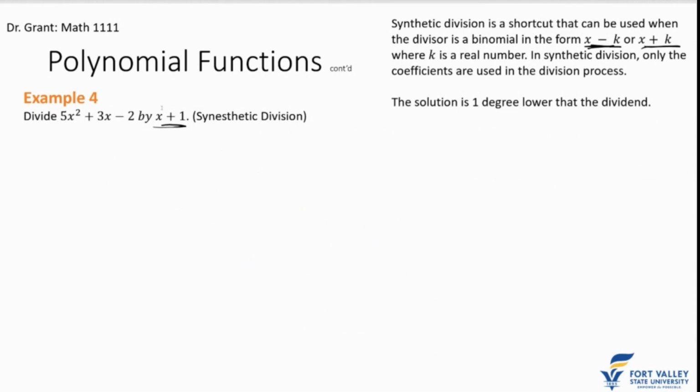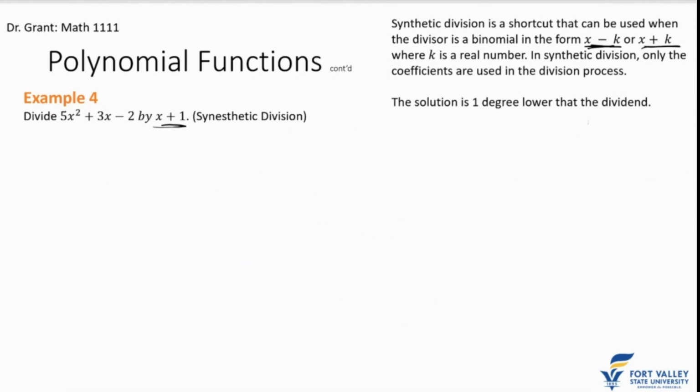So with synthetic division, we only look at our coefficients for our terms. And when we write our answer, we're going to write the answer with 1 degree lower. So let's see what I mean. So what do I do first? I'm going to write my coefficients. Again, it must be in descending order, and you cannot skip any of your exponent terms.